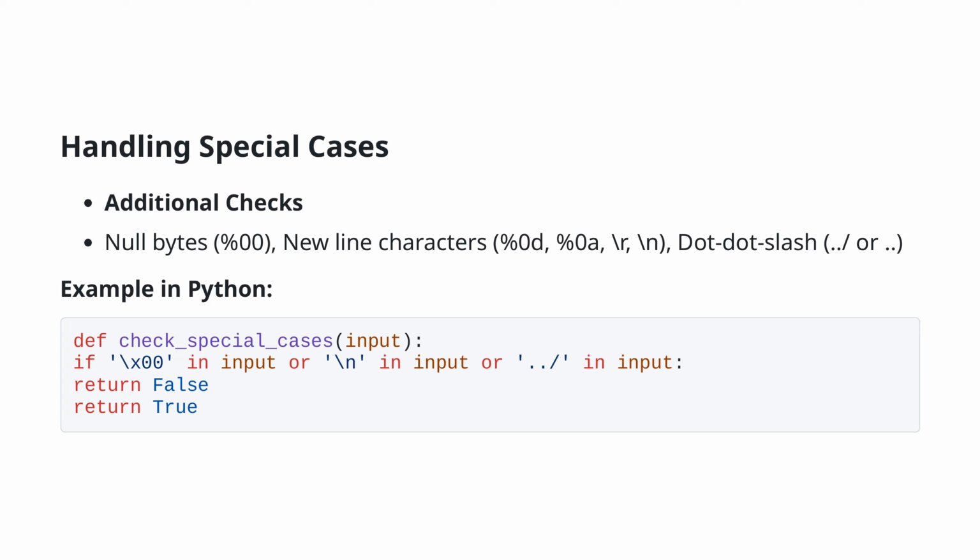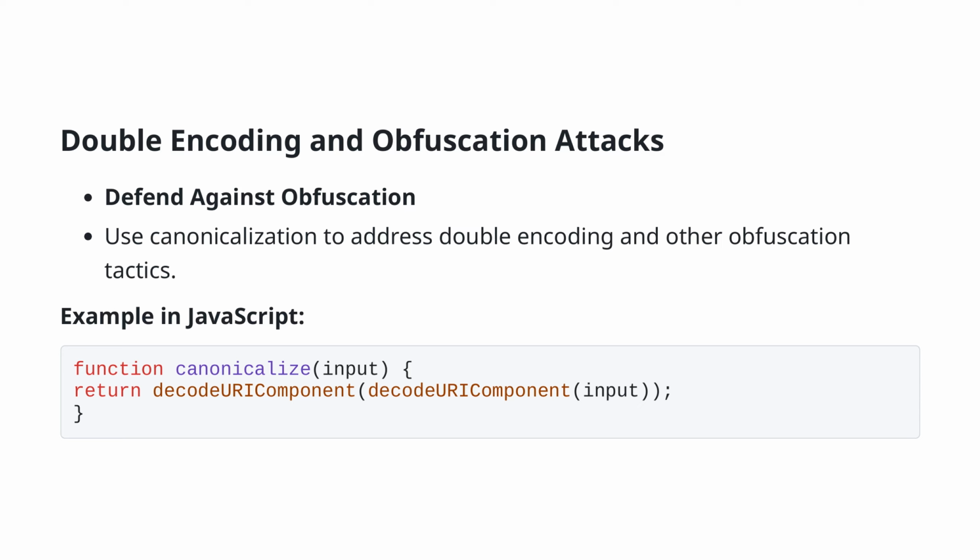To prevent double encoding and obfuscation attacks, it's crucial to implement canonicalization in your validation processes. Obfuscation can disguise malicious input by encoding it multiple times, making it harder to detect. Canonicalization involves decoding the input until it reaches its simplest or most standard form. Let's look at an example of how this can be done in JavaScript.